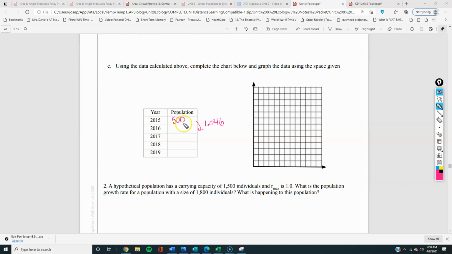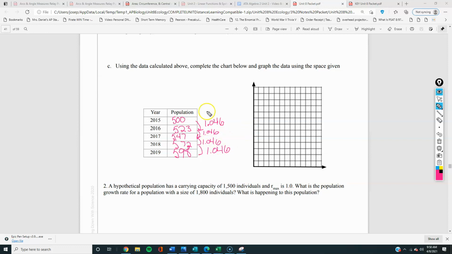So population in 2016, I multiply, I get 523, which is good because that's what we calculated earlier. Then I'll multiply this by 1.046, and I get 547. Then I multiply this by 1.046, and I get 572. I multiply this by 1.046, and I get 598.